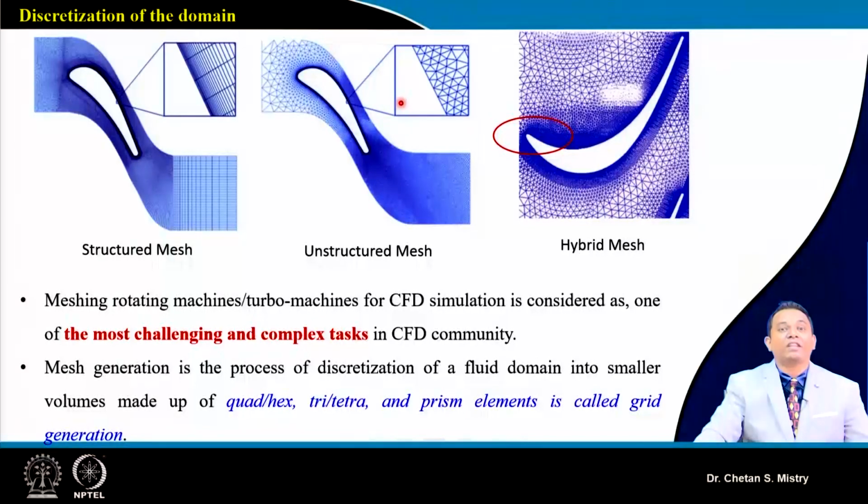If we have this kind of understanding of what exactly we would like to analyze, based on that we need to do the meshing. For meshing we can use quad mesh, hex mesh, tri or tetra mesh, or prismatic kind of elements for the generation of the grid. We can say mesh, we can say grid, both are the same in terms of terminology.